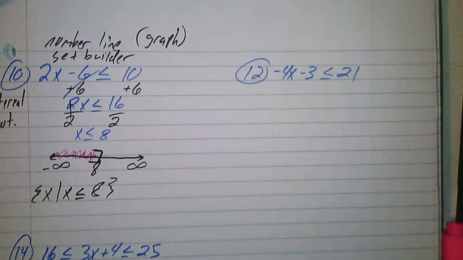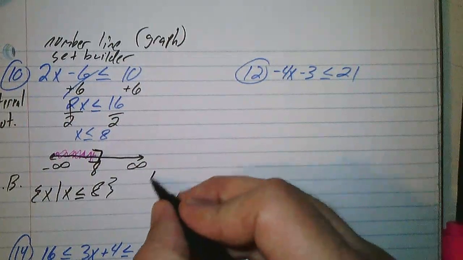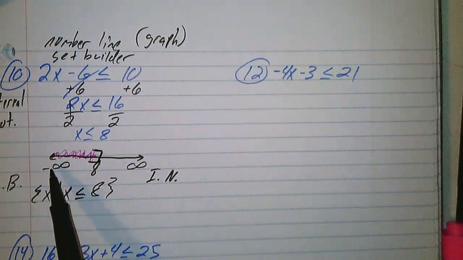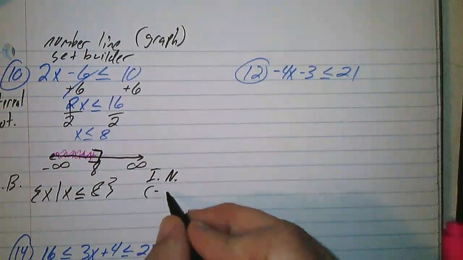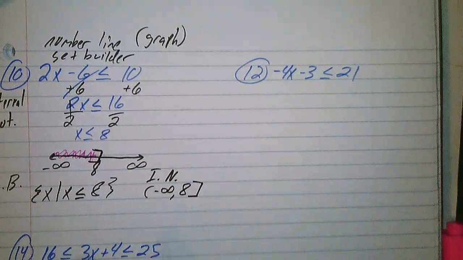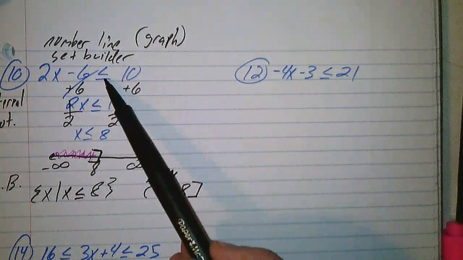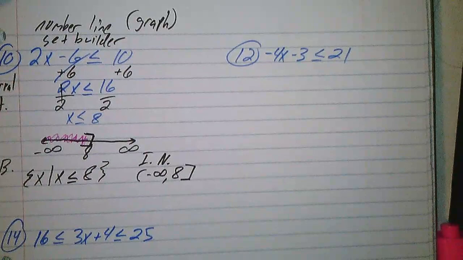And then interval notation: how far to the left do we go, how far to the right do we go. We go from negative infinity to 8. Infinities always get parentheses. The 8 gets a bracket. So, again, if you have one symbol, you will open up towards negative or positive infinity.